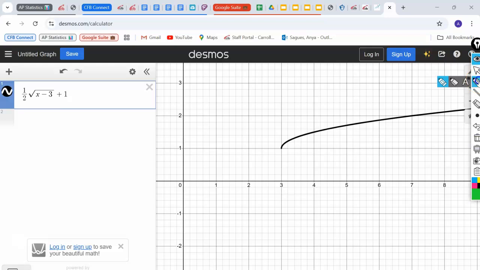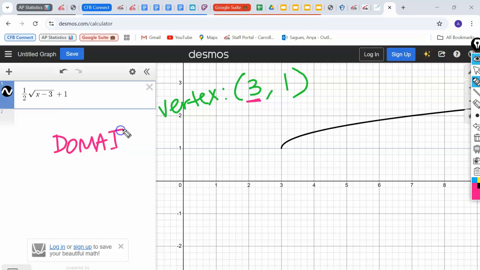For a square root function, notice how the vertex was 3, 1. I'm going to be using this 3 for my domain. Okay, domain, remember, it's my x values. It's going to the right forever, so it's greater than or equal to, and then the x value of the vertex is 3. So nice. It just starts from 3 and goes to the right forever.